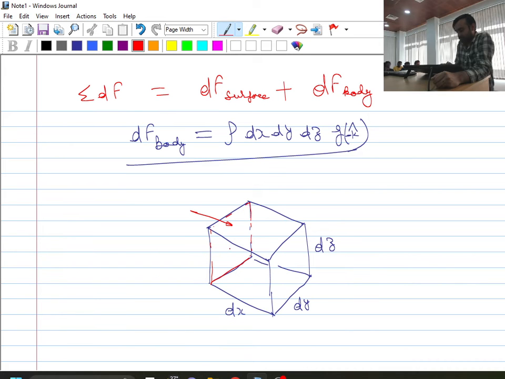If I have to designate that I am calculating the stresses on this plane, then with sigma, first I will be using one subscript. This first subscript refers to the plane on which we are calculating the forces.